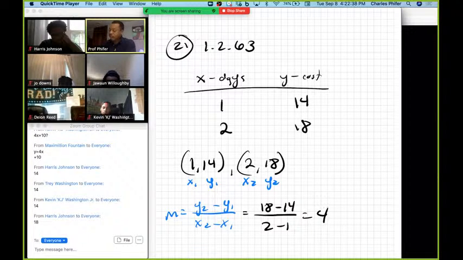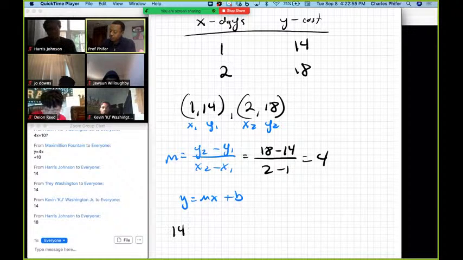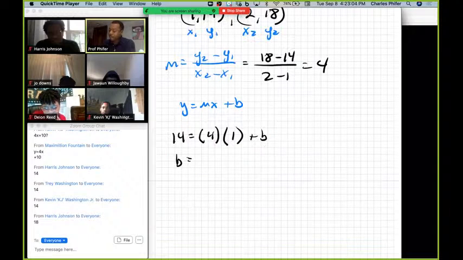Let's see if we can find our y-intercept. So if we were to do y equals mx plus b, let's plug in what we have. I'm going to choose the first one. So the y there is 14. The slope is 4. And the x is 1 there. Our b, if we continue that pattern, looks like b is going to be equal to 10, right?